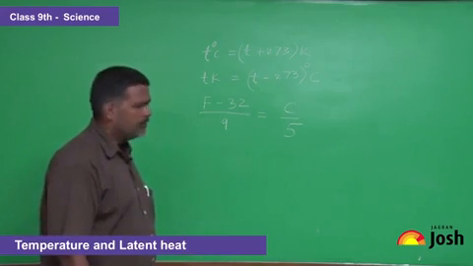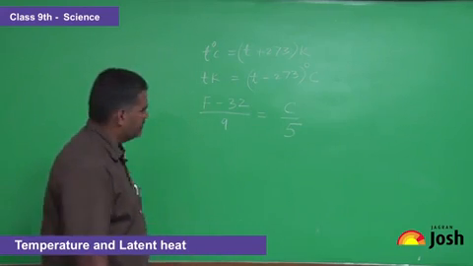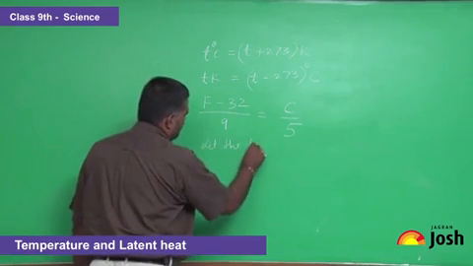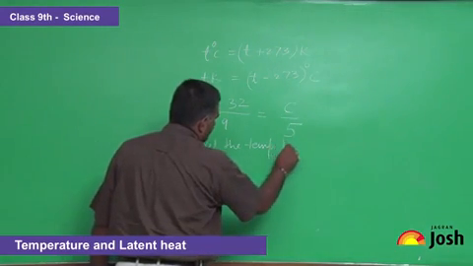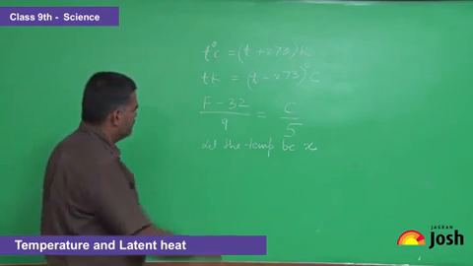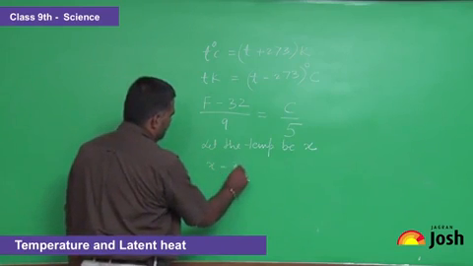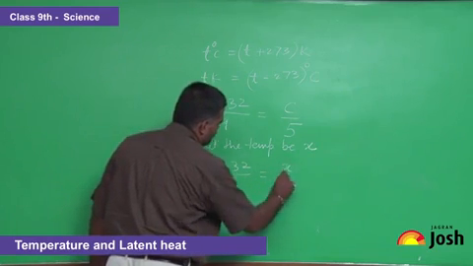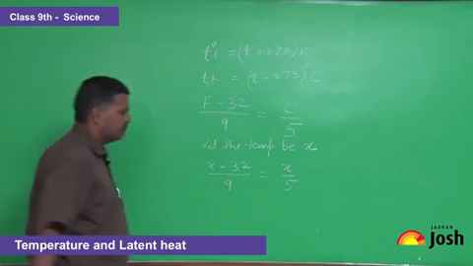Now let the temperature be X degree Celsius. Put the value of X. X minus 32 upon 9 is equal to X upon 5.